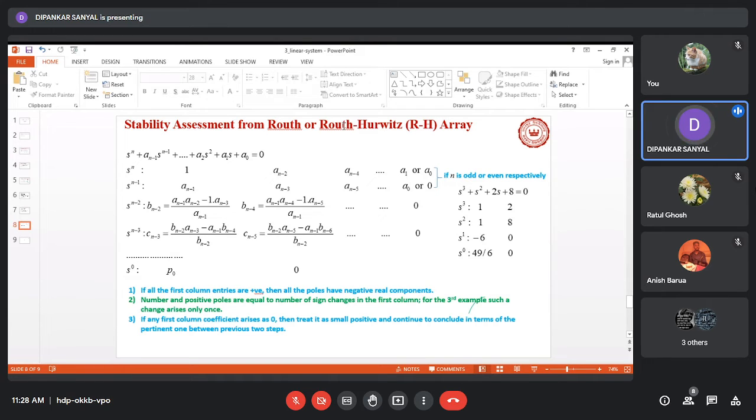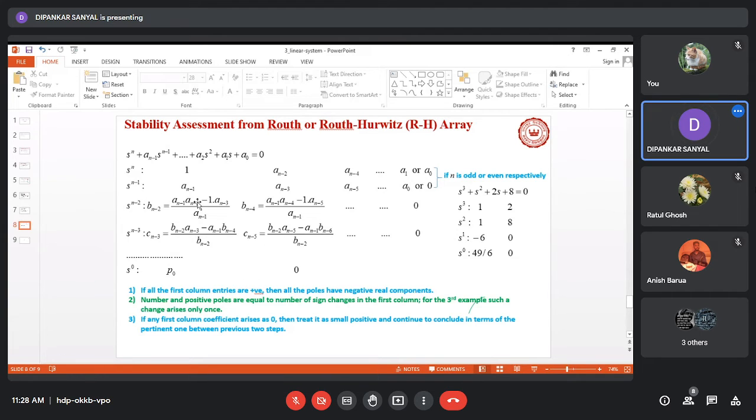Without proof, the statement goes like this: if all the coefficients in this first column are positive, then all the roots lie on the negative part of the real plane, so the system becomes stable.